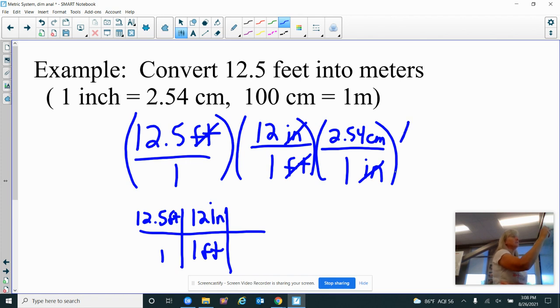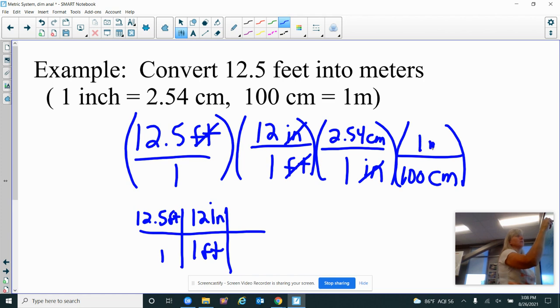I'm in centimeters. I need to get to meters. So again, centimeter has to go on the bottom, and I have a conversion from centimeters to meters. There's 100 centimeters in 1 meter, and my centimeters cancel. So now I've ended with meter on top. That's an M. And I just need to do my multiplying and dividing.